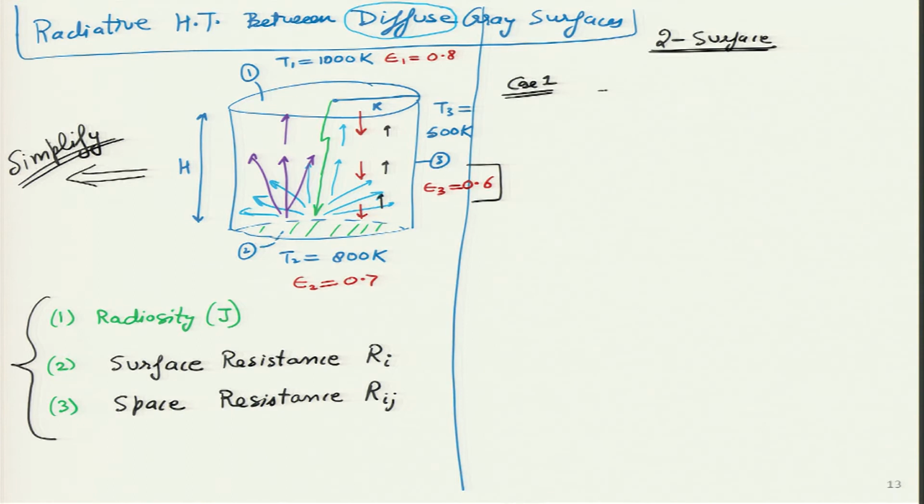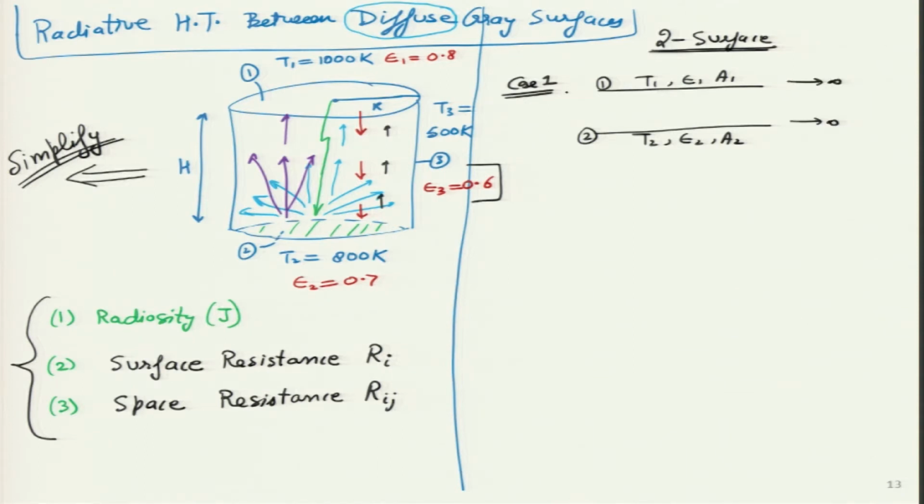In case 1, we have, let us say, 2 infinitely long plates facing one another. Here this is surface 1, surface 2, and I know their temperatures, I know their emissivities, and of course, their areas are very large, because these are infinitely long plates in this direction as well as in this direction.